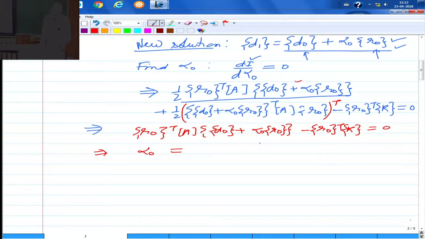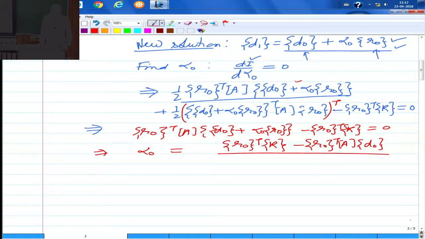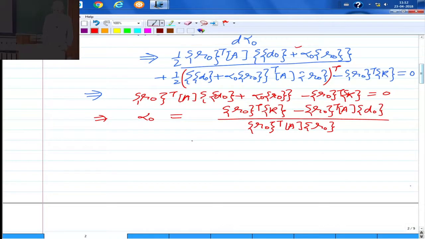So finally what you are going to get is R naught transpose into capital R, that I am taking to the right hand side, and this term also to the right hand side. So minus R naught transpose into A into D naught, divided by this term, which is R naught transpose into A into R naught. So this is what you get as your alpha naught, isn't it?